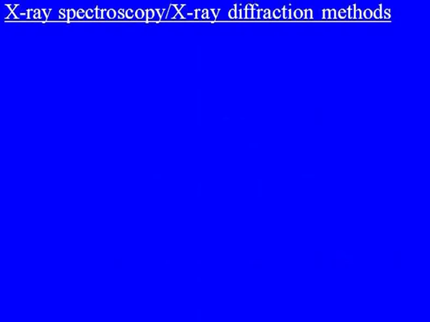Another technique we are going to talk about is X-ray spectroscopy, and we will be talking more about X-ray scattering or X-ray diffraction methods. Now, X-ray spectroscopy refers to the spectroscopic technique for characterization of different materials using X-ray excitation.